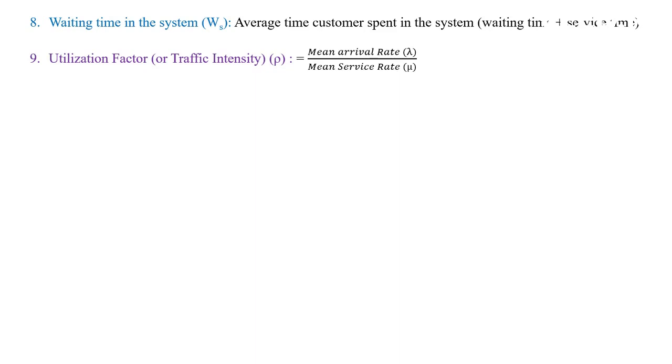The last one is the utilization factor, or traffic intensity, with notation rho, defined as lambda by mu, that is, mean arrival rate divided by mean service rate.